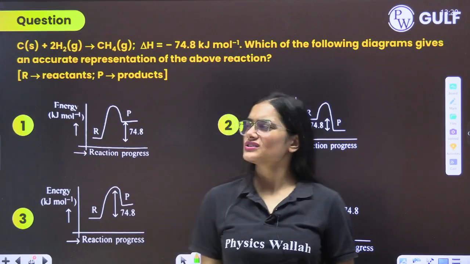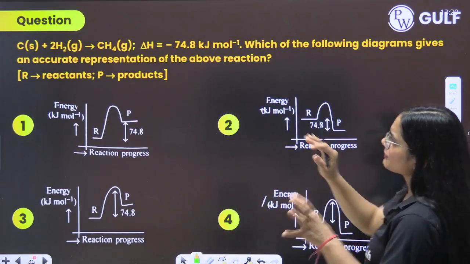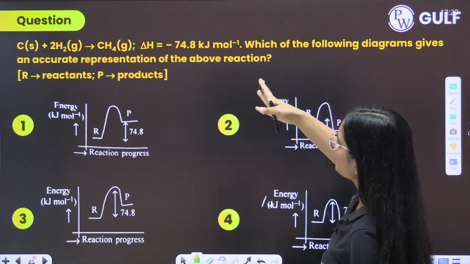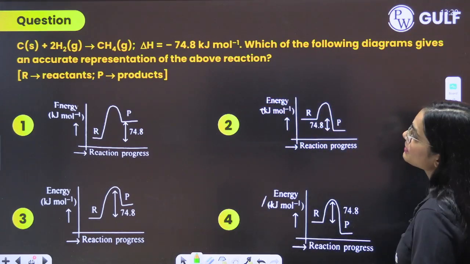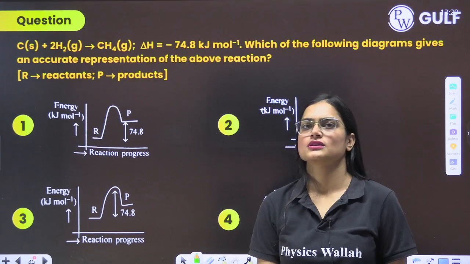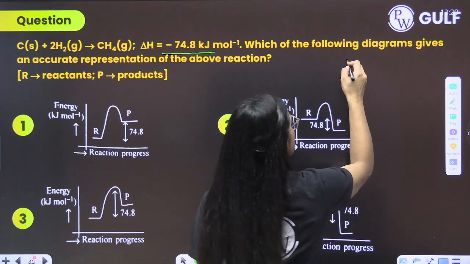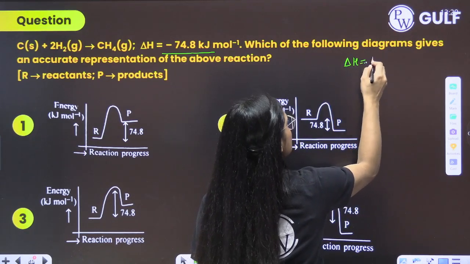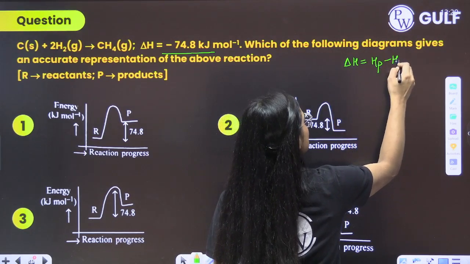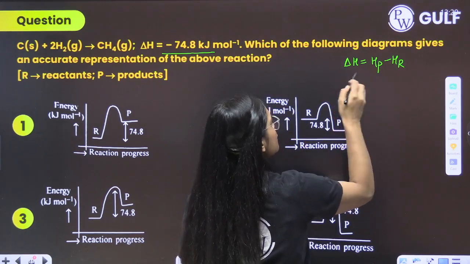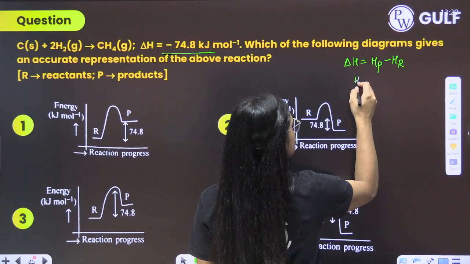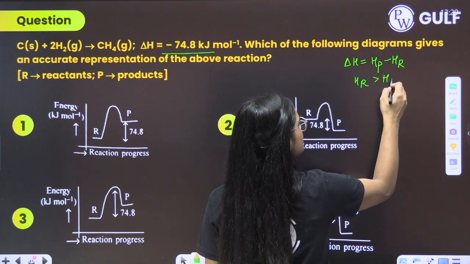In this question, this was a super easy question. They have given the value of enthalpy of combustion. Which of the following diagrams gives an accurate representation of the above reaction? Beta, you can see that the reaction is exothermic. And for an exothermic reaction, you know delta H we calculate as enthalpy of product minus enthalpy of reactant. If the difference is coming as negative, that means enthalpy of reactant is greater than enthalpy of products.